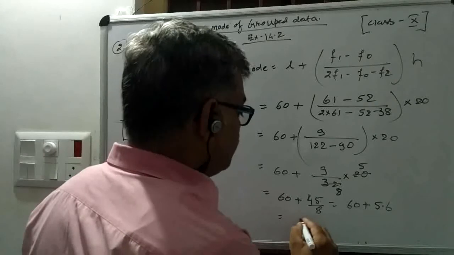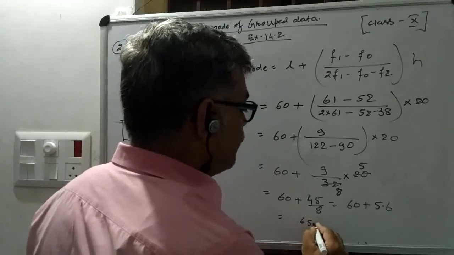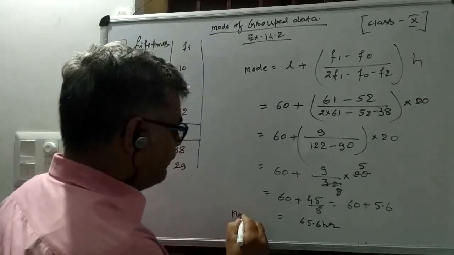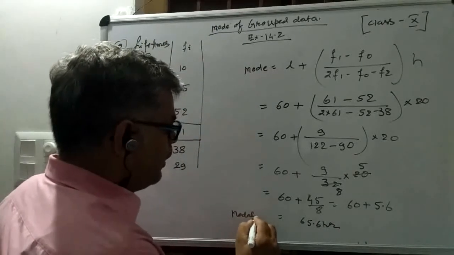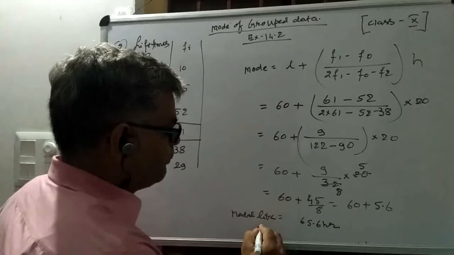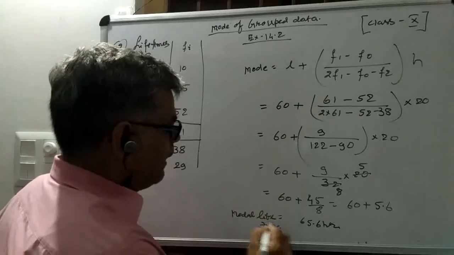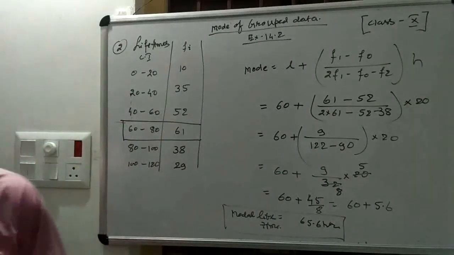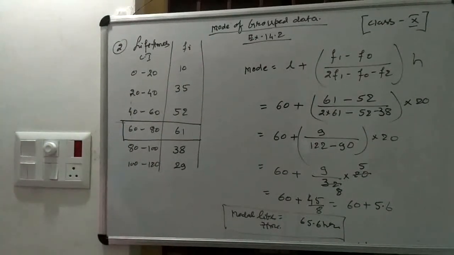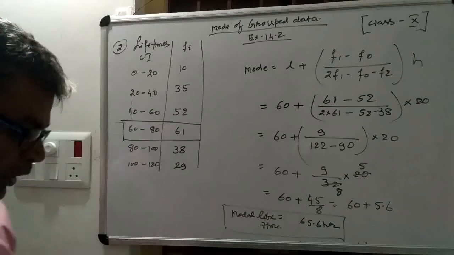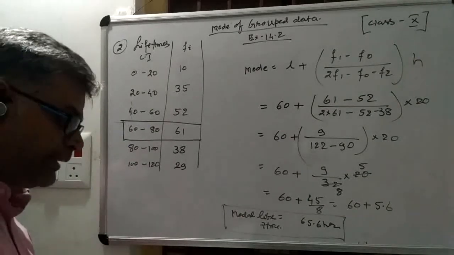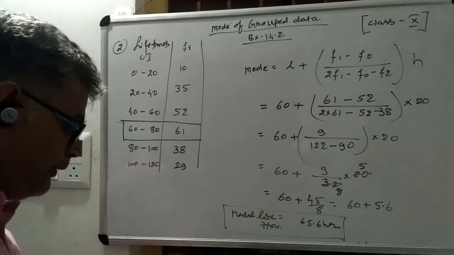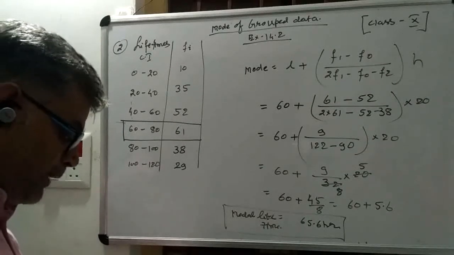It means you will have 65.6 hours as the modal lifetime of the electric appliances. So this is your answer. What is the modal lifetime of the electric appliances? You got 65.6 hours.